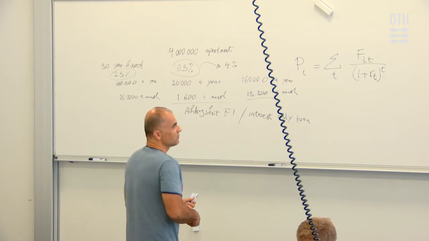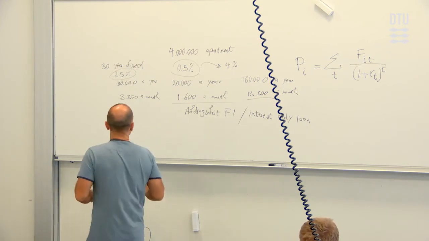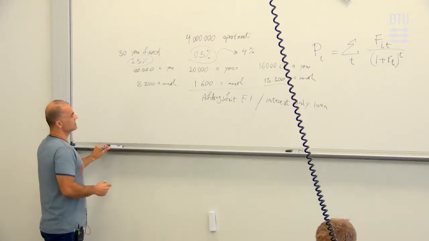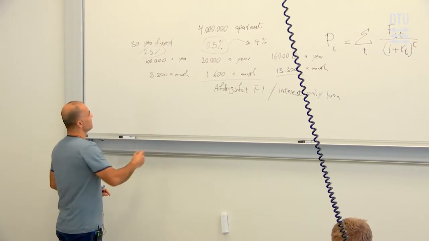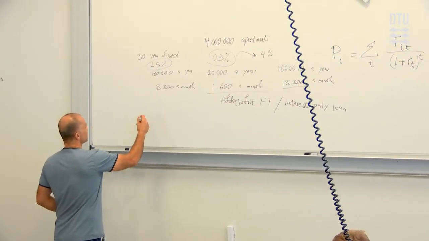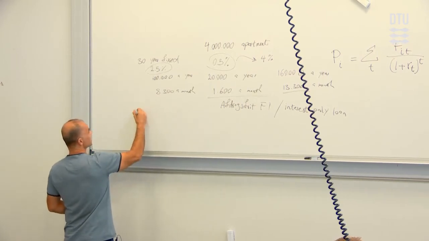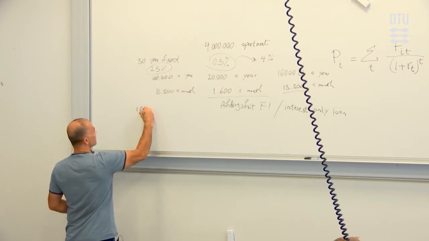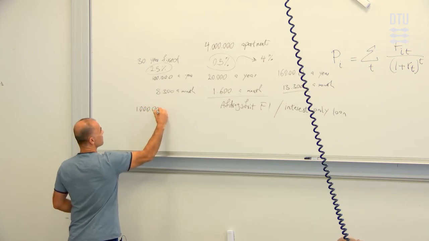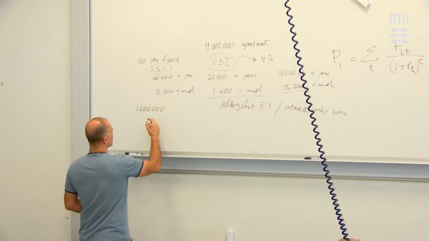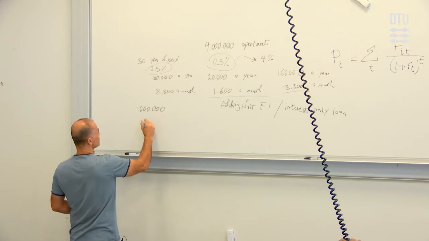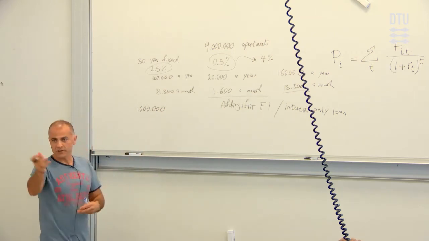So that was the one case. And then the other case is that let's say, with the million again, I borrow in the opposite situation, as you were mentioning.